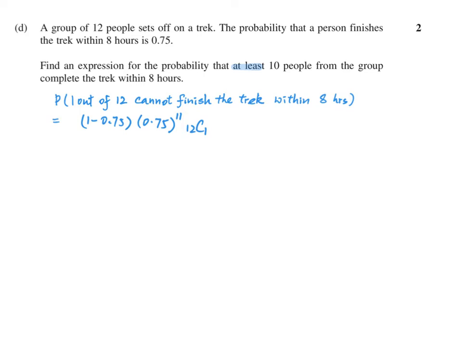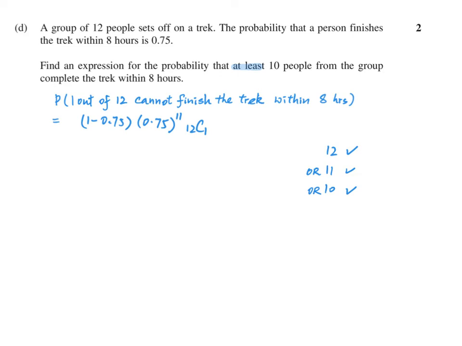The question is about at least 10 people who can complete the track within 8 hours. So it can be 12 who can complete within 8 hours, or 11, or 10, which means you have 3 different cases. For 12 people who can complete, nobody fails to finish the trip within 8 hours.